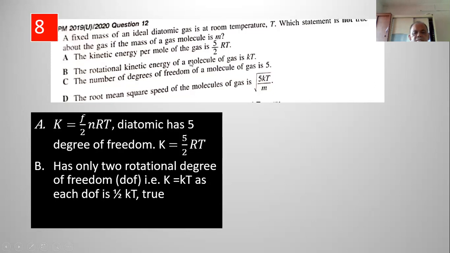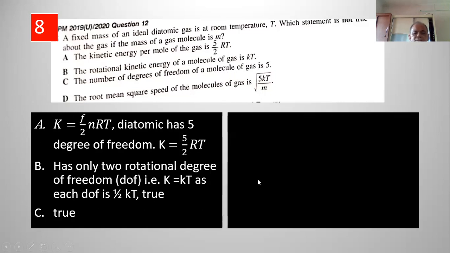Rotational kinetic energy of a molecule of gas is kT. For rotation, there are 2 degrees of freedom, each degree is half kT. So 2 degrees, kT, correct? Number of degrees of freedom of a molecule of gas is 5, correct? 3 for translation, 2 for rotational.